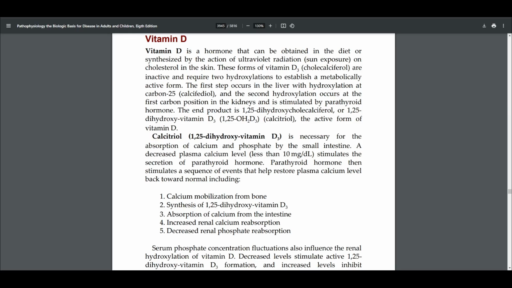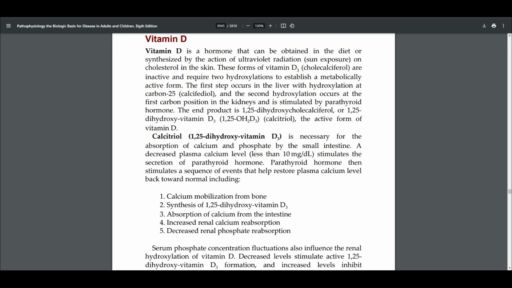The first step occurs in the liver with hydroxylation at carbon 25, producing calcifediol, and the second hydroxylation occurs at the first carbon position in the kidneys and is stimulated by the parathyroid hormone.